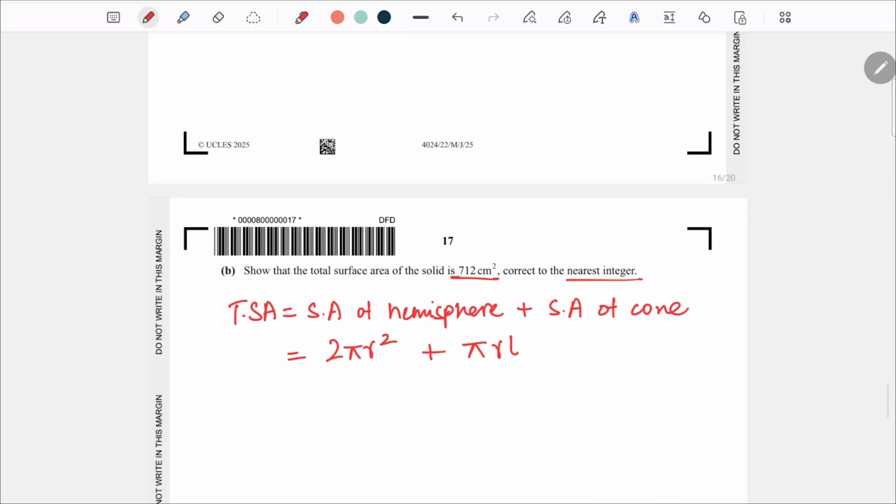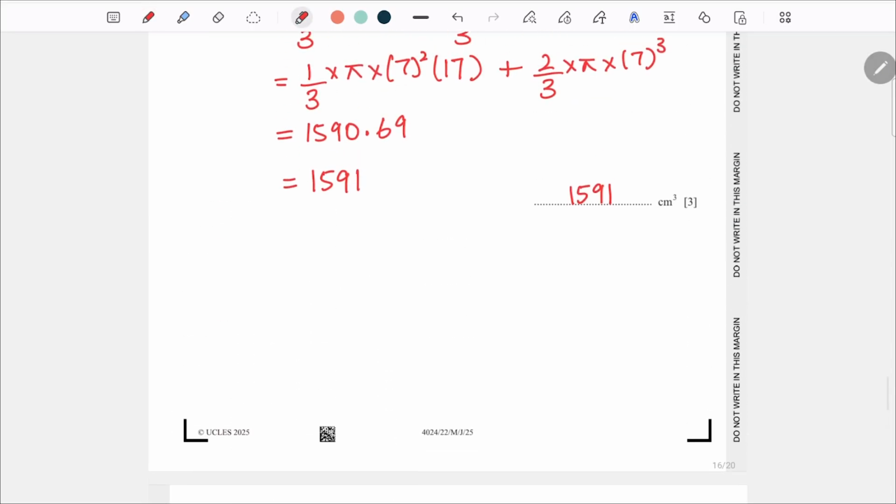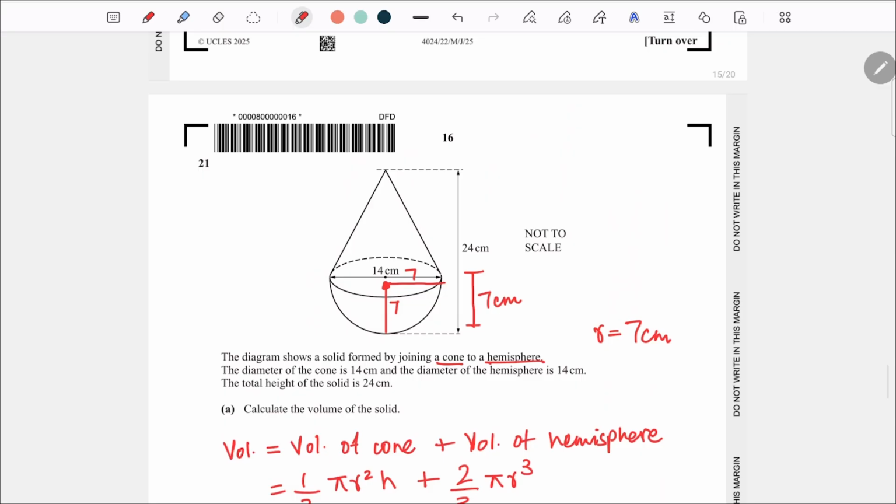Now this L that's written right here, when we look at the diagram, we'll be drawing a triangle right here. If we draw it on the side, this is 7, this is 24, and this hypotenuse right here will be L. So L is equal to square root 24 square plus 7 square. This isn't 24, this is 17.